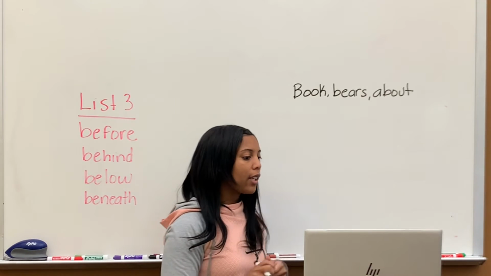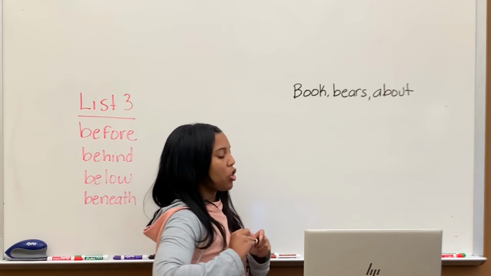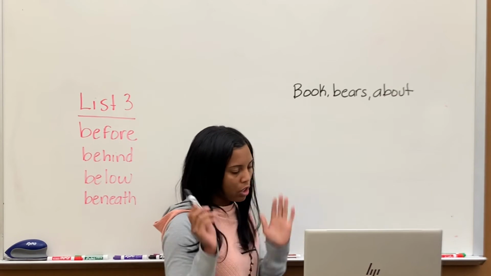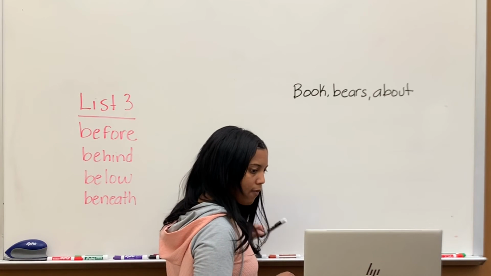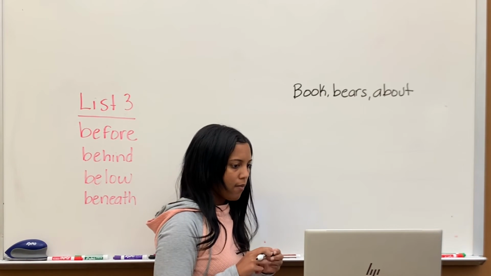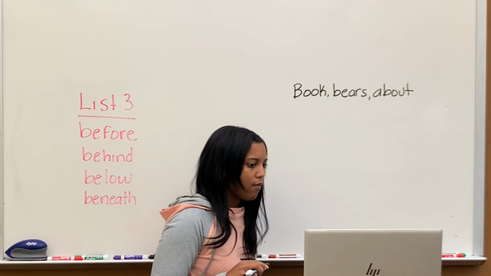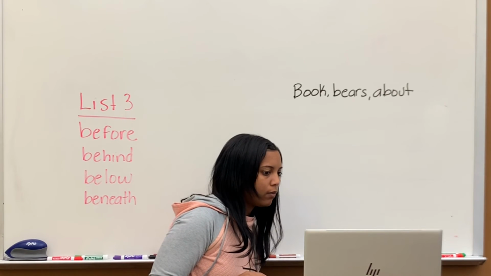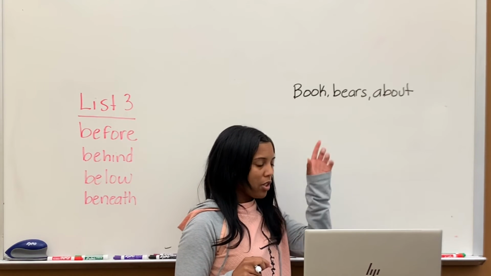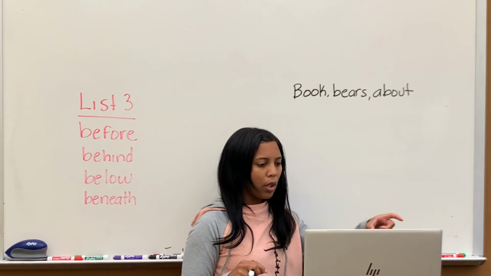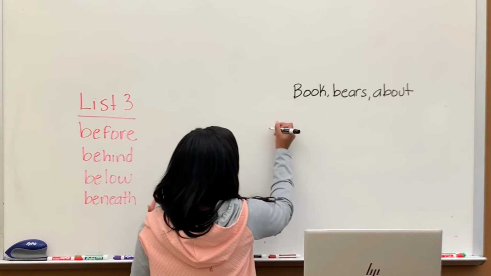What's a sentence I can create with the preposition about showing the relationship of book and bears? Okay, Josiah, what can I say? There at the library, there was a book about bears. Okay, let's just say that's a good sentence, yes. But I'm going to just do the second part of it where it said the book was about bears. But that was a good one, very good.